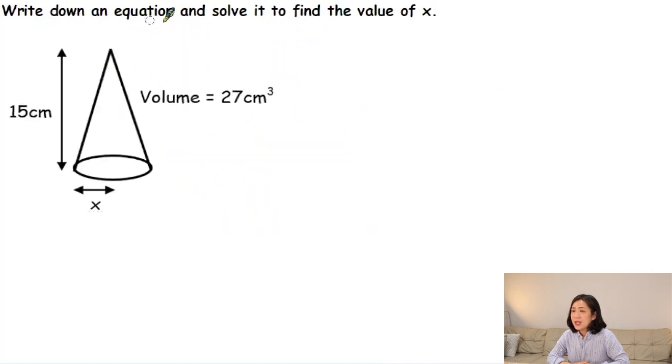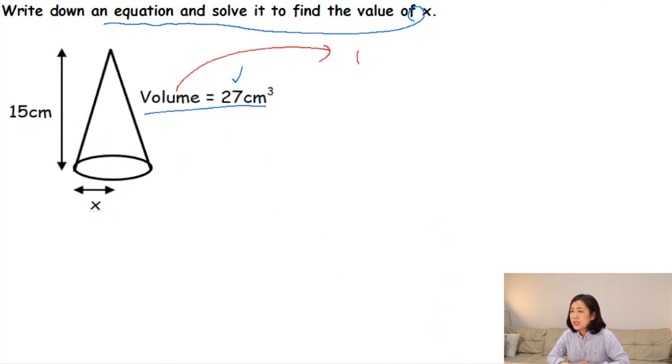Right here, we've got a missing value. The r is missing, and we have a volume, so we need to trace back to find the x, right? Since the volume is 1/3 pi r squared h, and we know that h is 15, and r is x, so let's put x squared.